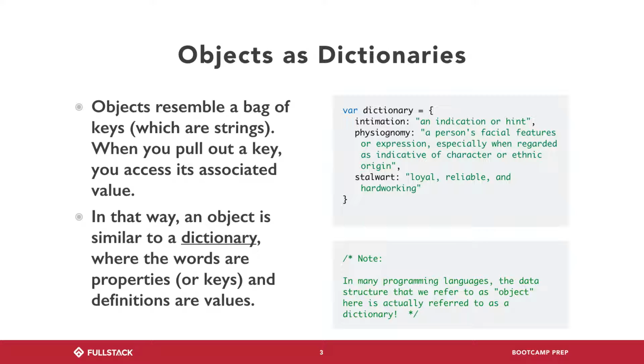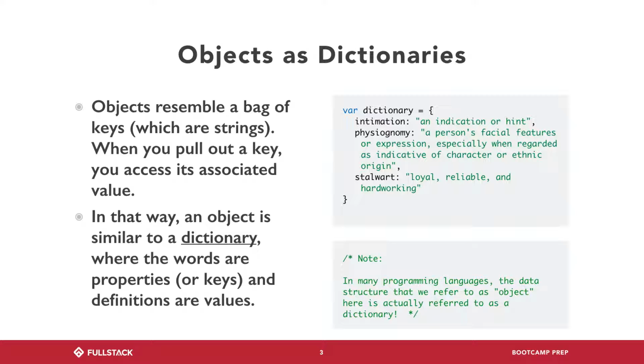Okay. And then here we go a little bit more in depth about making a dictionary object, making it look like an actual dictionary where we're defining words. But really the two things from here that you should drill into yourself: one, the keys are always going to be strings, no matter what.